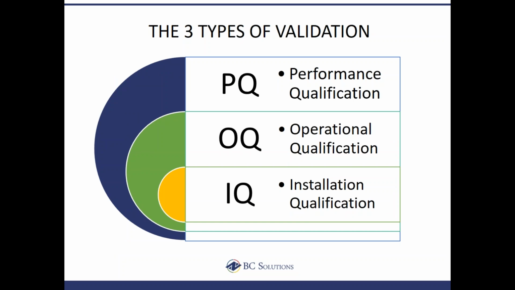So I mentioned 3 different types of validation activities: IQ, OQ, PQ. Each of these is a little bit different, and we're going to talk about each of them, but as a whole, they make up the whole validation program.